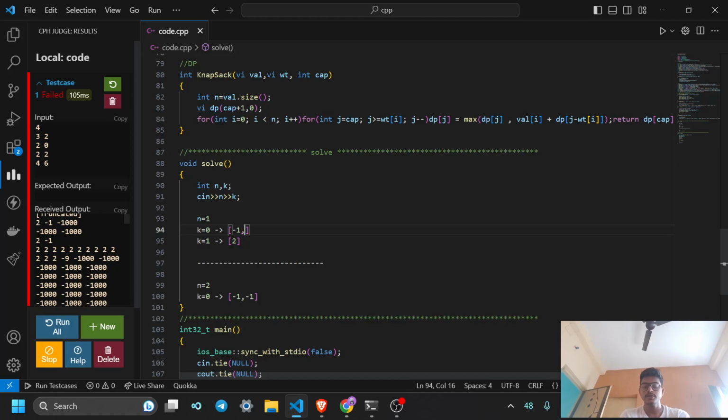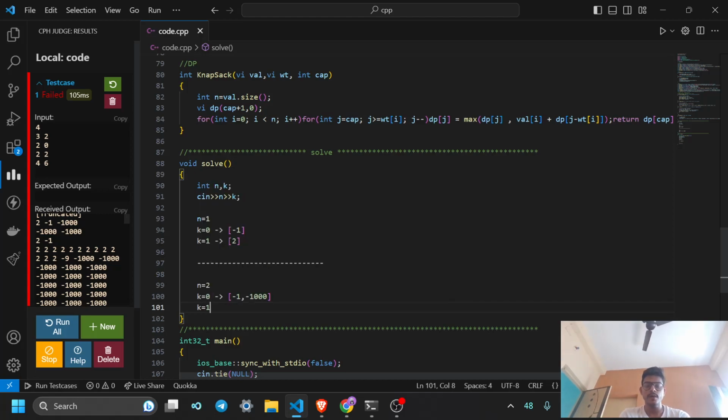If I add -1000, you can add any negative number, that will not be a problem, but I suggest taking a larger negative number. So for n equals 2, k equals 0, it is the same answer as n equals 1, k equals 0, but with the extension of a large negative integer. That is understandable, right?